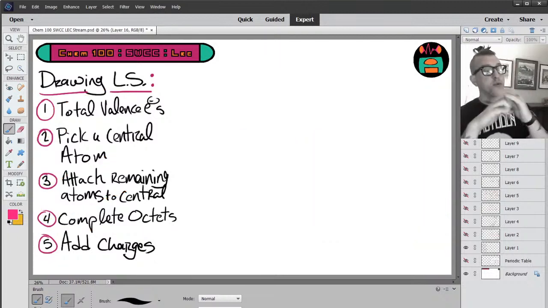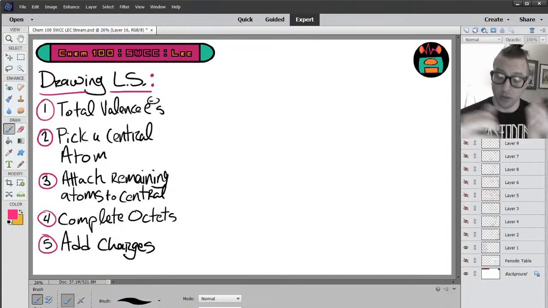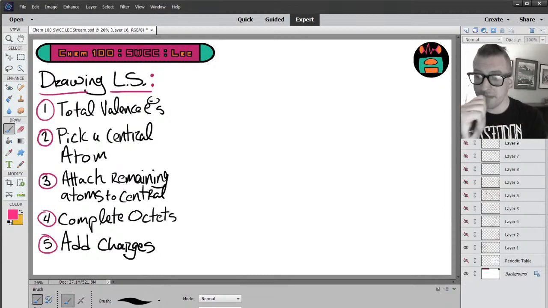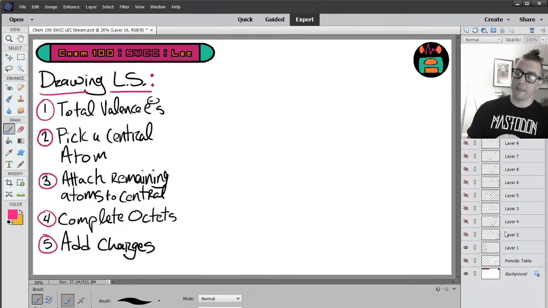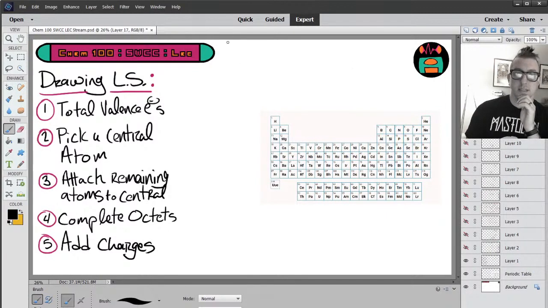There is one last twist to this tale of drawing Lewis structures. Whoa, throwing my stylus. One last twist that I have to share with you, and that is the last twist is breaking the octet rule.